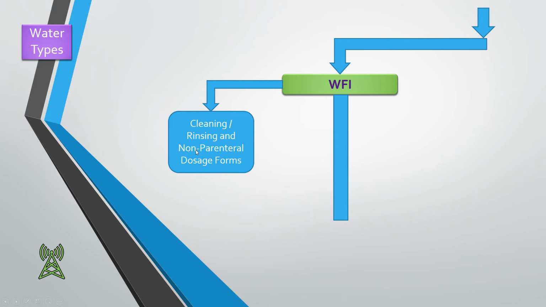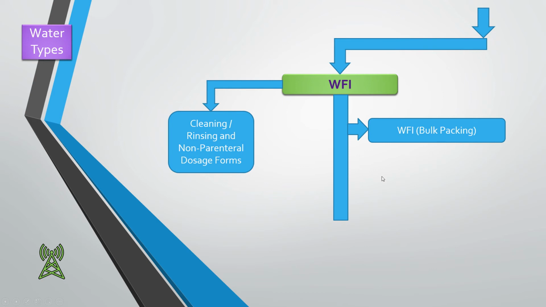here I have a mistake in the slide. It is used for the cleaning of the equipment used in the production of parenteral dosage forms, and it is also packed in bulk.